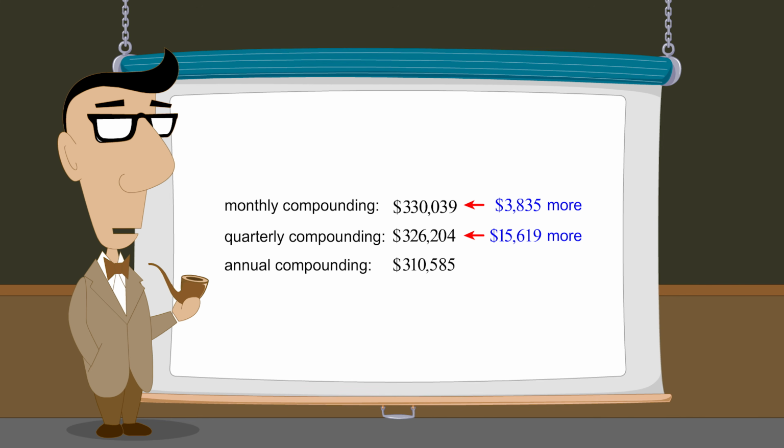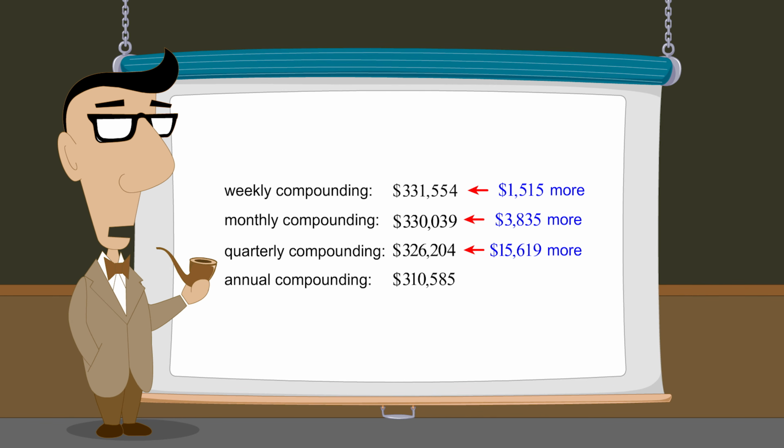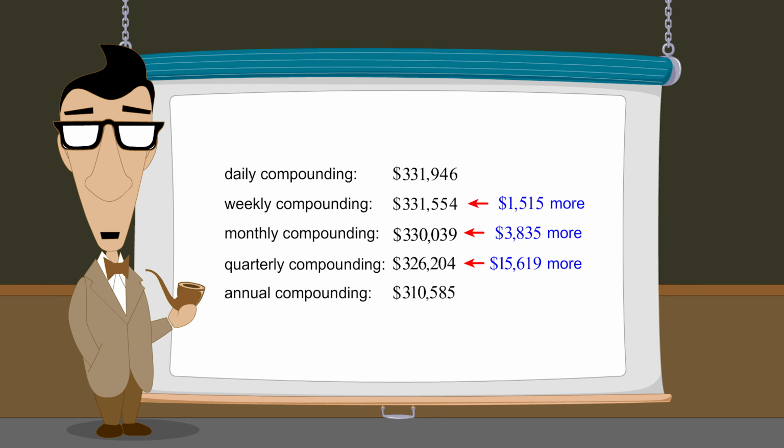In fact, if we continue to reduce the length of the compounding periods, we see that compounding once a week produces only about $1,500 more than compounding once a month. Compounding once a day produces $392 more than compounding once a week.